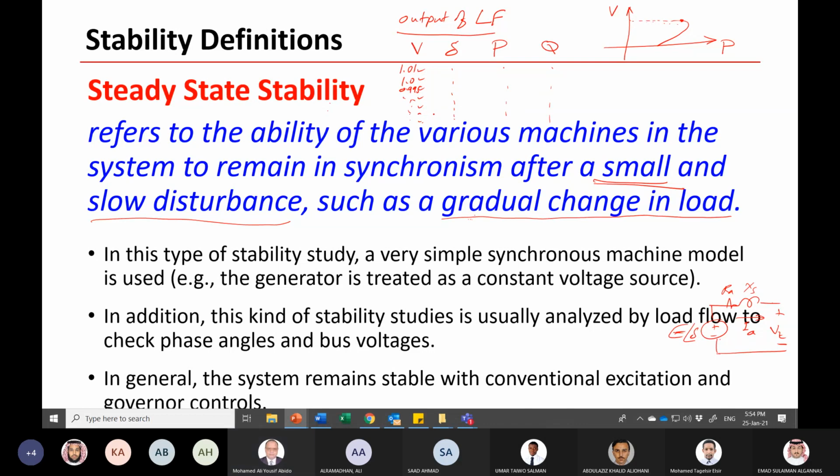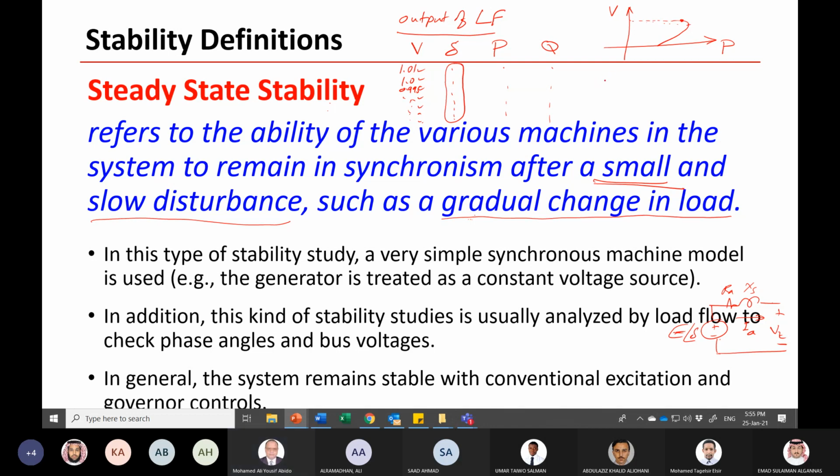You can see the voltage profile here is very close to 1, everything is fine, but you are very close to instability. For voltage stability you look at the voltage, no problem, whether it is leading or misleading. But for angular stability, you look at the angles.